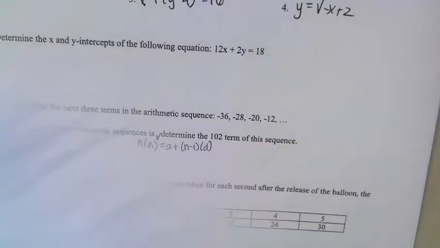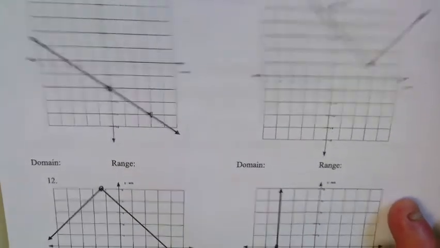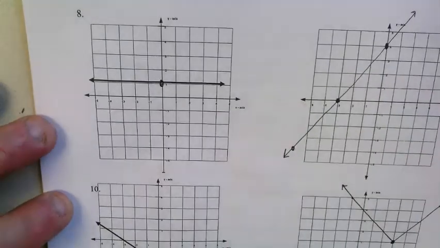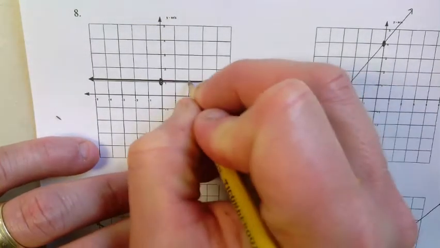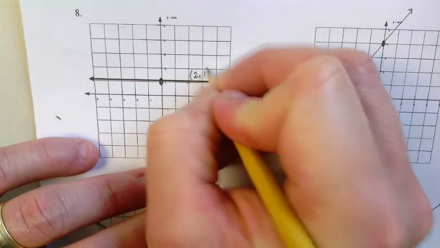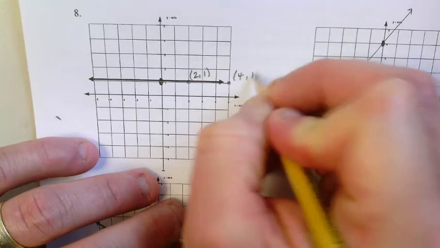On the back of the page, we're going to look at these different graphs. As I look at number 8, it's a completely horizontal line. What I want you to know is this. If I mark out this point right here, this is 2, 1. This point over here is 4, 1.